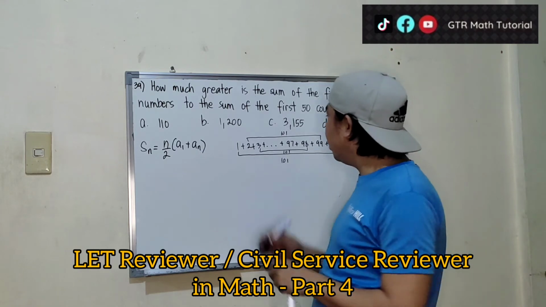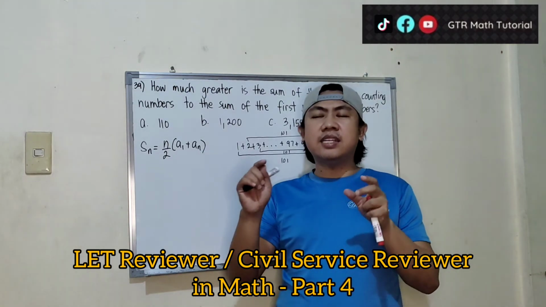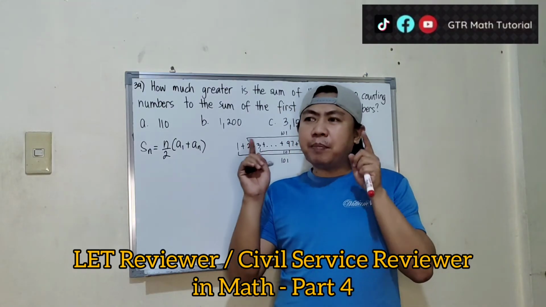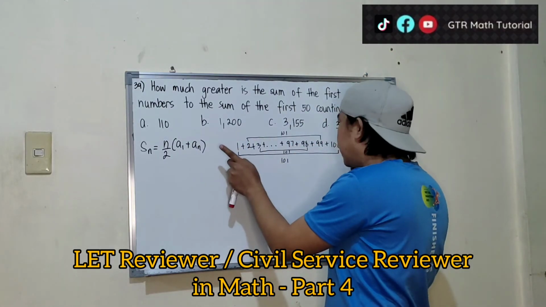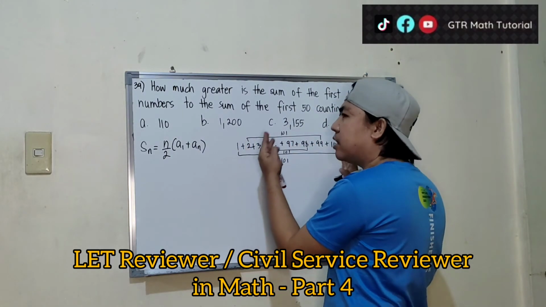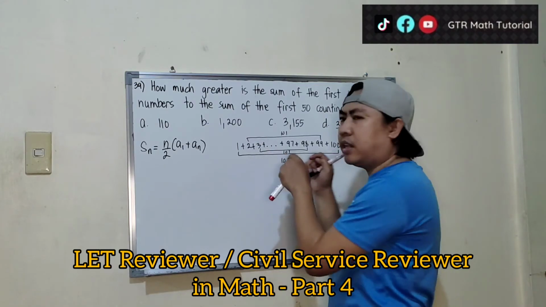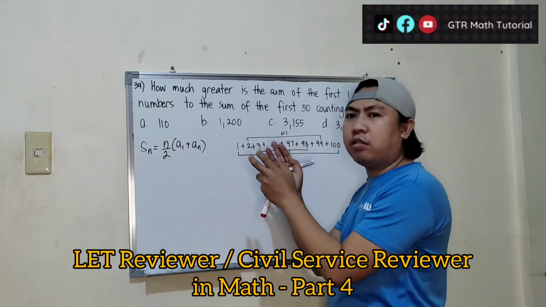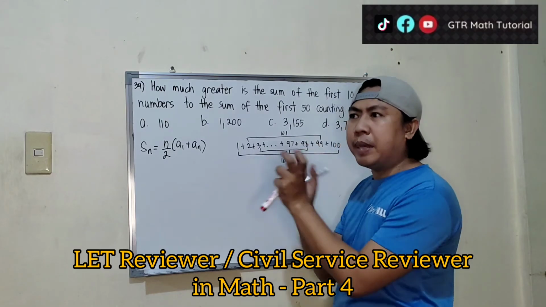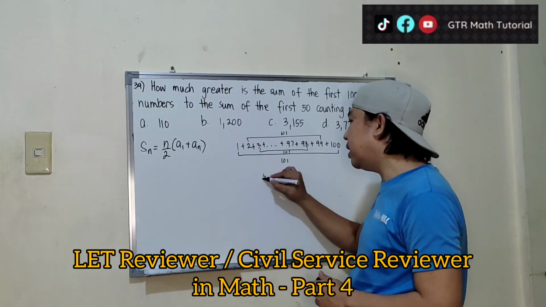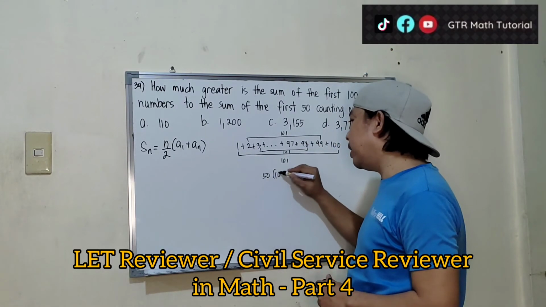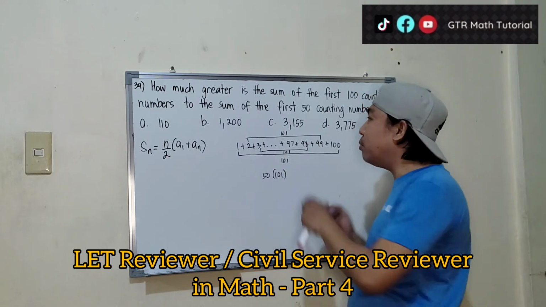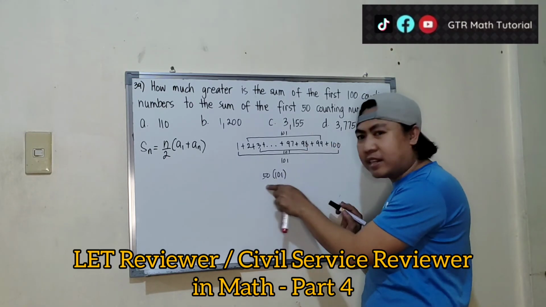Okay, so ilan ba lahat yung terms natin? 1 to 100, that is 100. Pag pinag-pair natin, simula tayo sa una at sa huli, then yung second to the last, third to the last, lahat yan ay 101. So ilang 101 meron lahat tayo? Dahil 100 yan, pag pinag-pair lahat, meron tayong 50 times 101. Okay, so just in case na makalimutan nyo yung formula, ito rin yung kakalabasan nun.